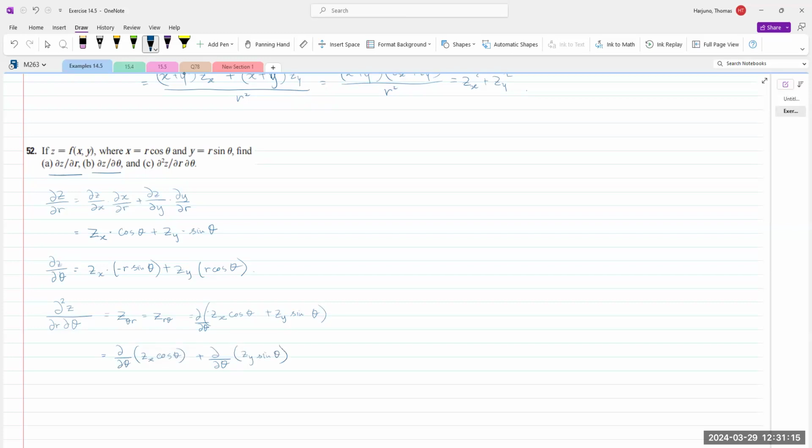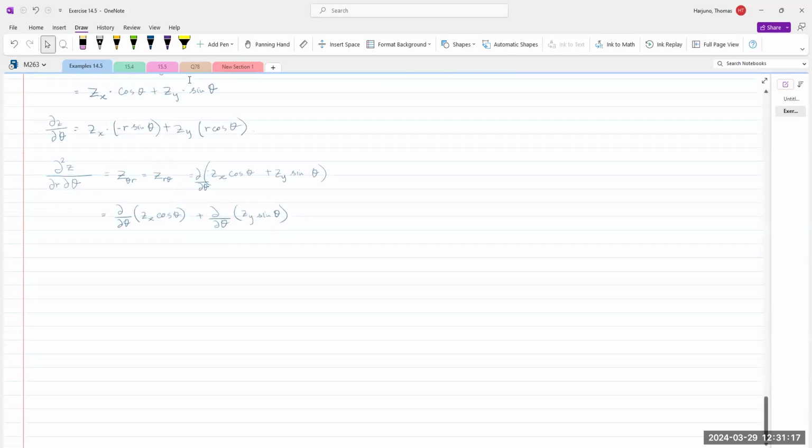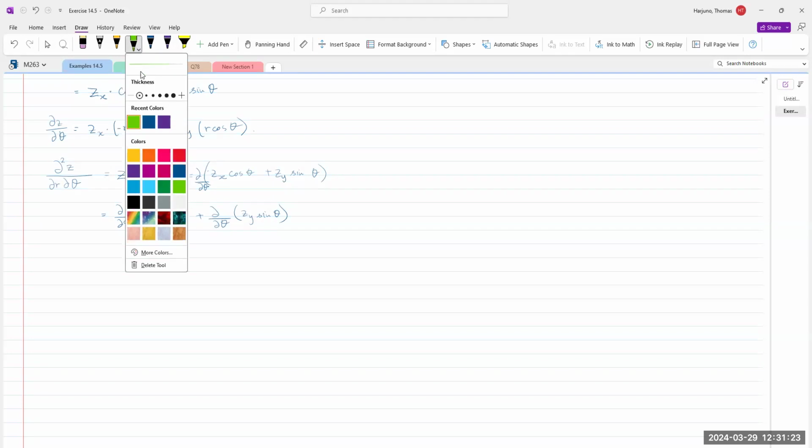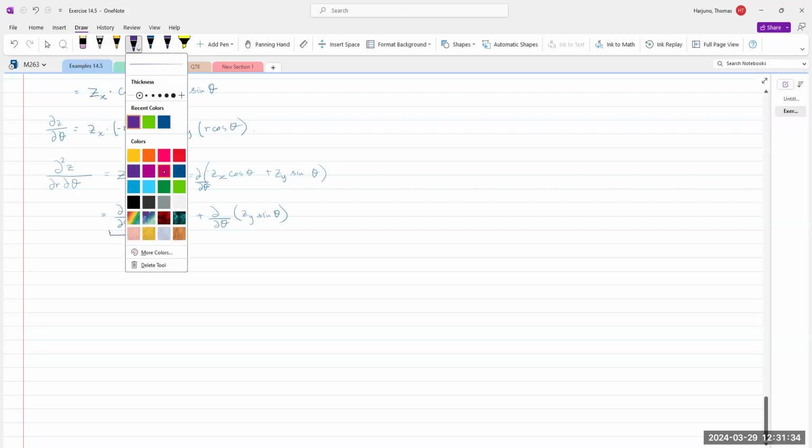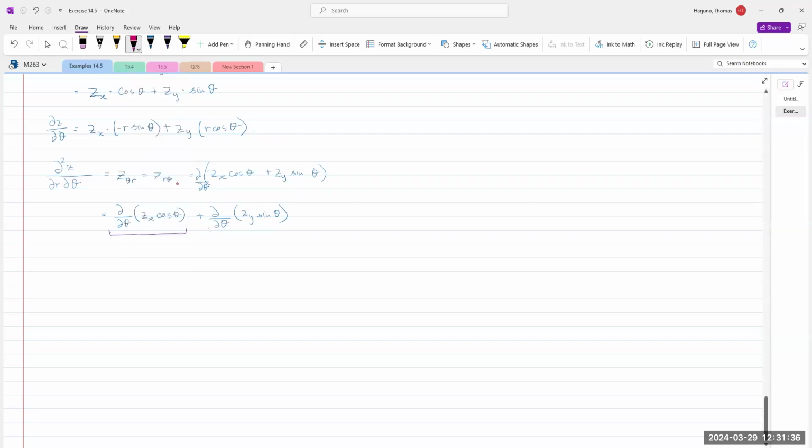Actually, I don't really need to do this, but I want to make sure that you know the flow. I will change my color so that you can follow the flow. I will use the purple one for the first part here, and later on I will use the magenta, or maybe pink, for that one.